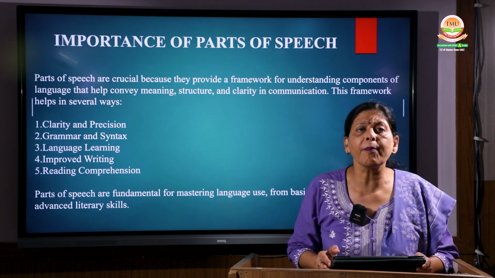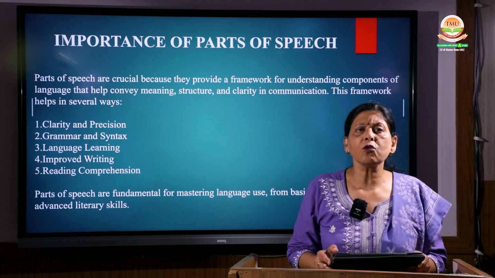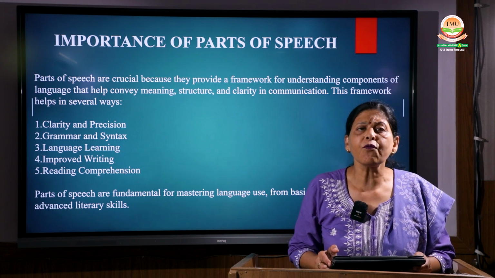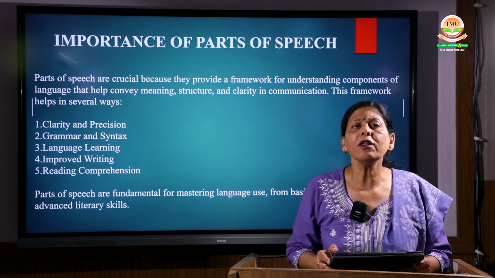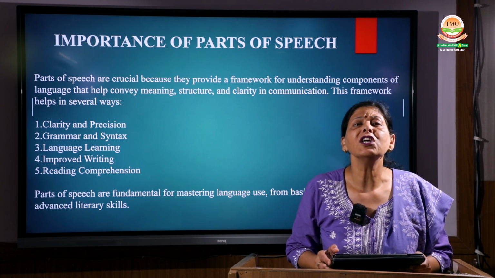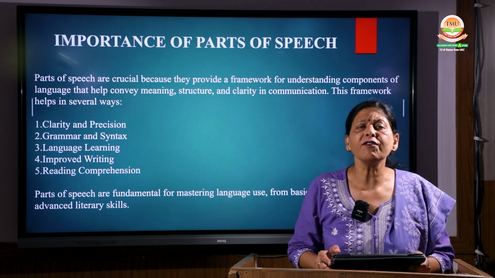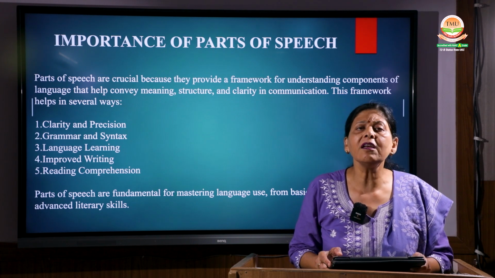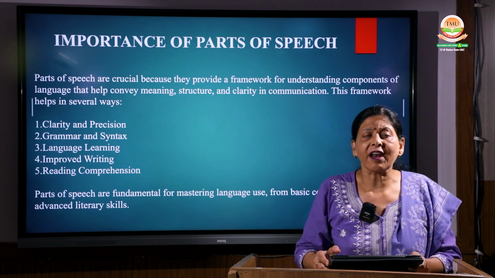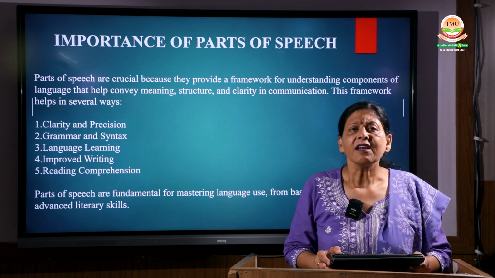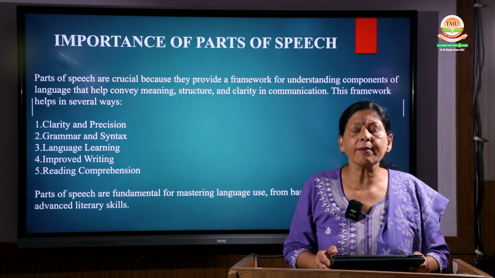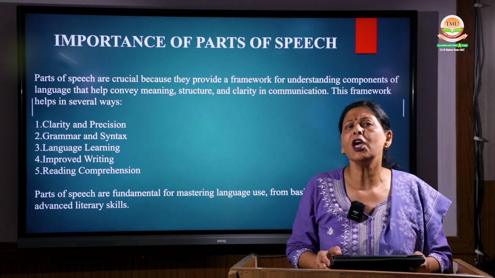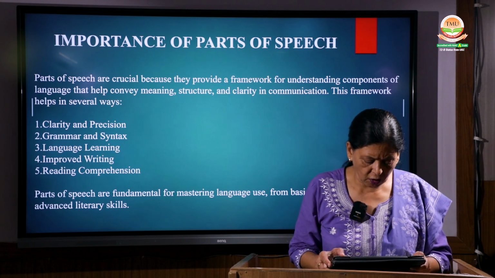The formulas that we apply, whether it is past tense or present tense, active voice or passive voice, are all based on the words that we choose, and the choice of words depends upon the category the words fall into. So writing can definitely be improved by mastery over this particular aspect of grammar.